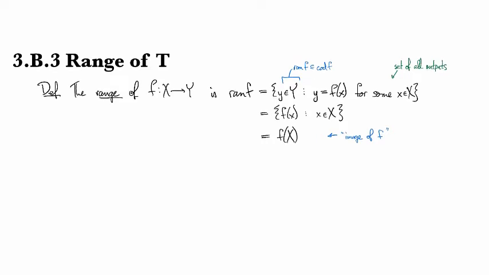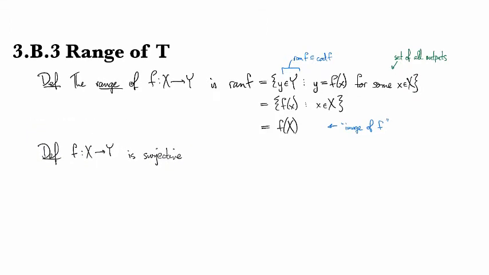So now we have a corresponding term to think about, which is surjectivity. So a function from X to Y is surjective if and only if the range of f is equal to the entire codomain.